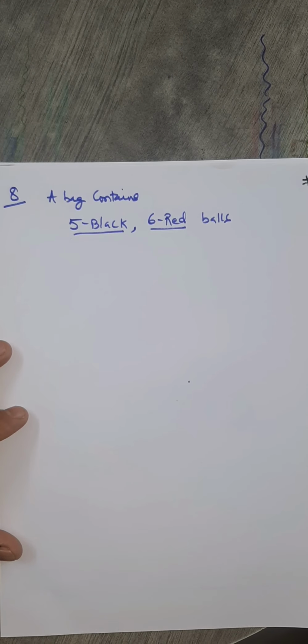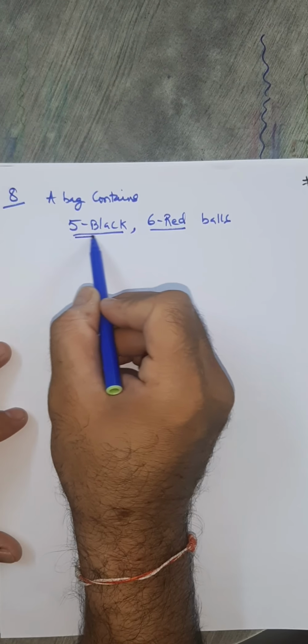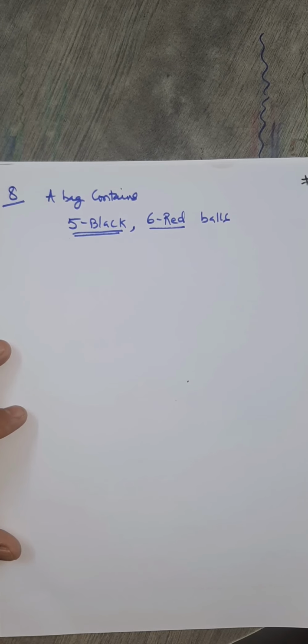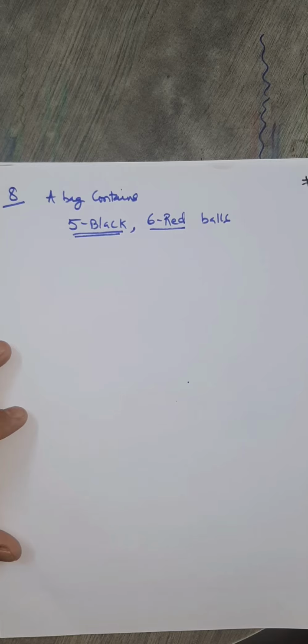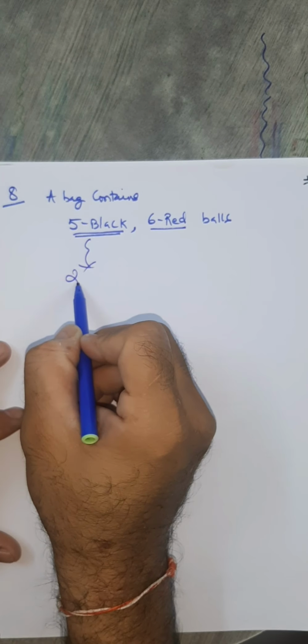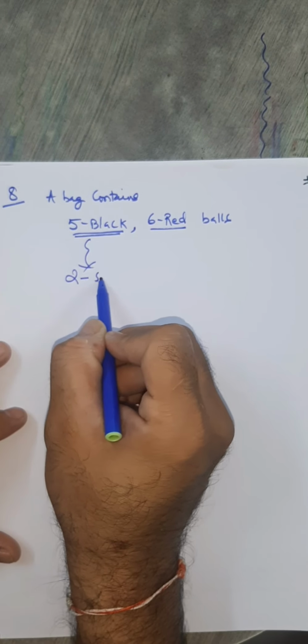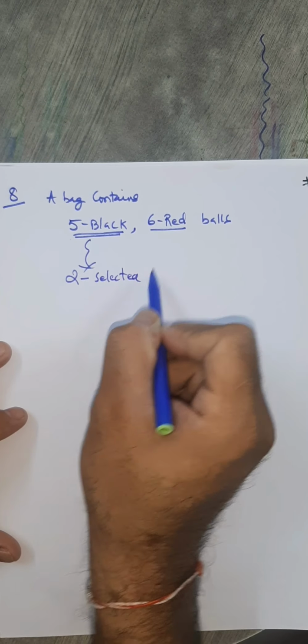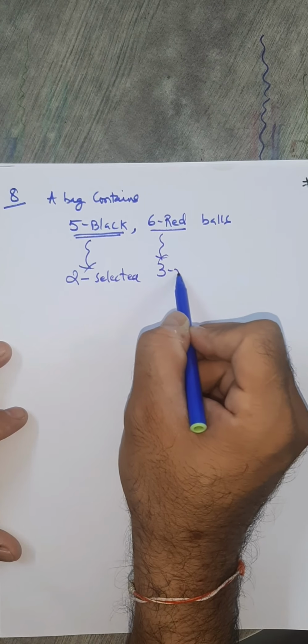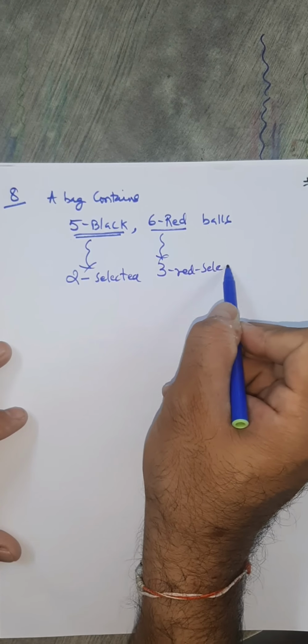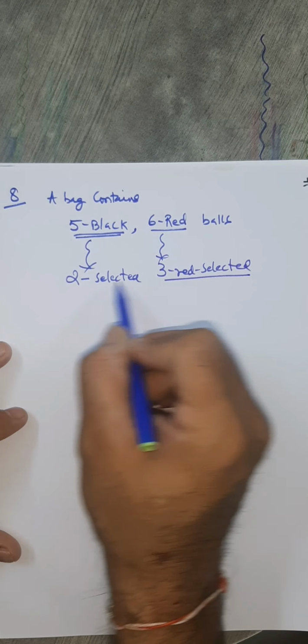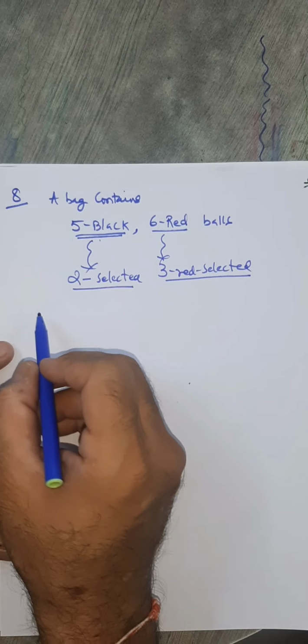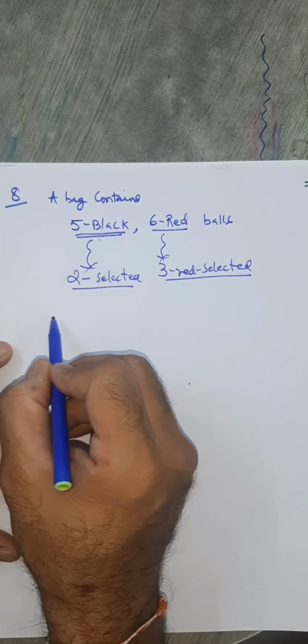So here, next, 8th question. We have 5 black and 6 red color balls. Determine the number of ways in which 2 black and 3 reds can be selected. So 2 black should be selected, 2 selected from this, and how many reds should be selected? 3 reds should be selected, 2 black should be selected, from 5, from 6.